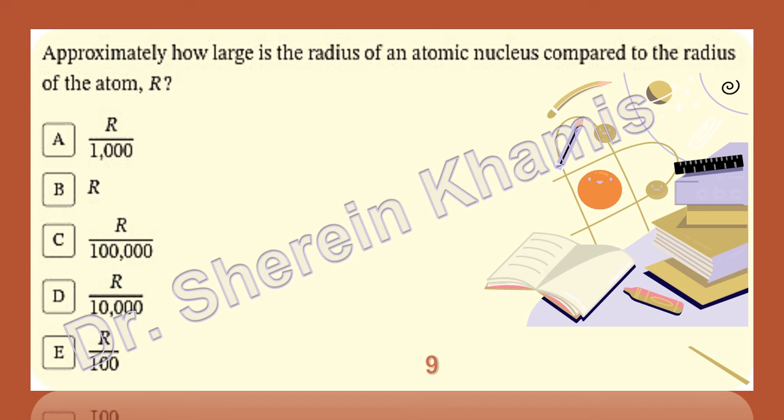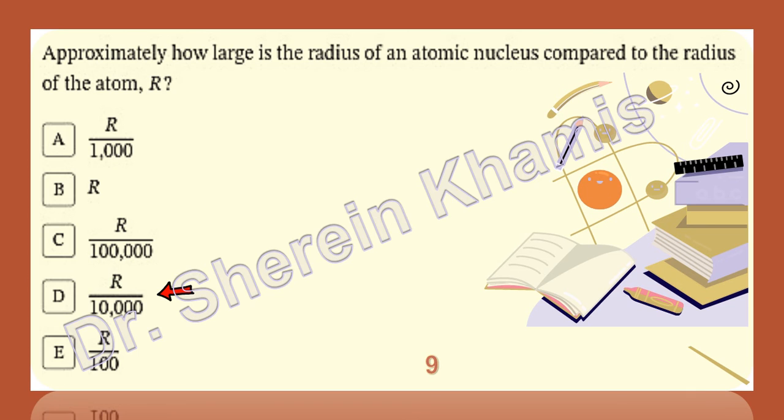So it will be very small compared to the radius of an atom. It will be less than it by 10,000 degree. Okay, so the right answer will be letter D.